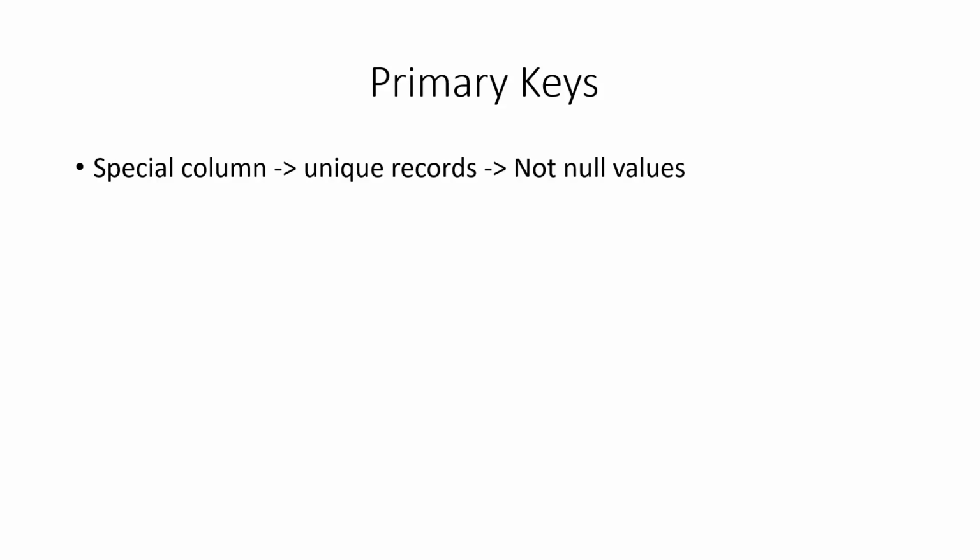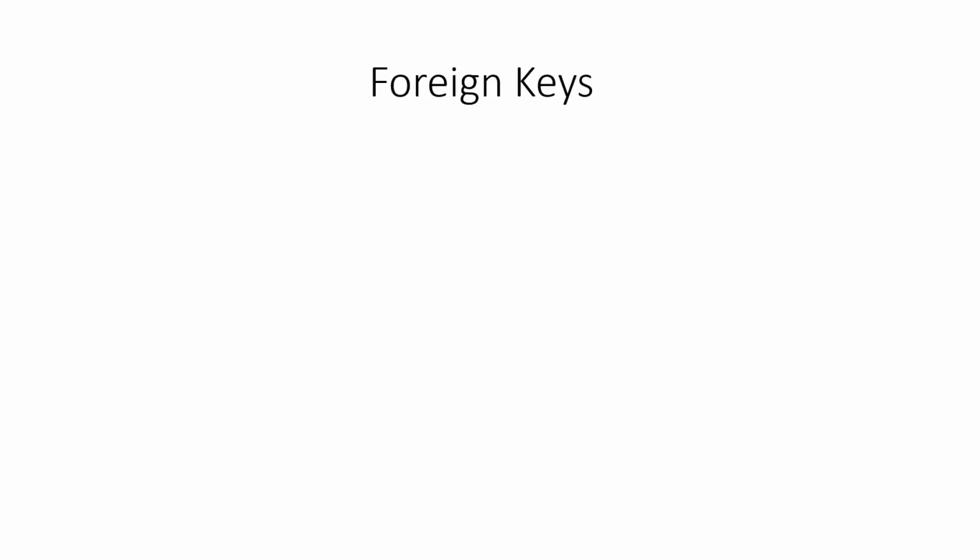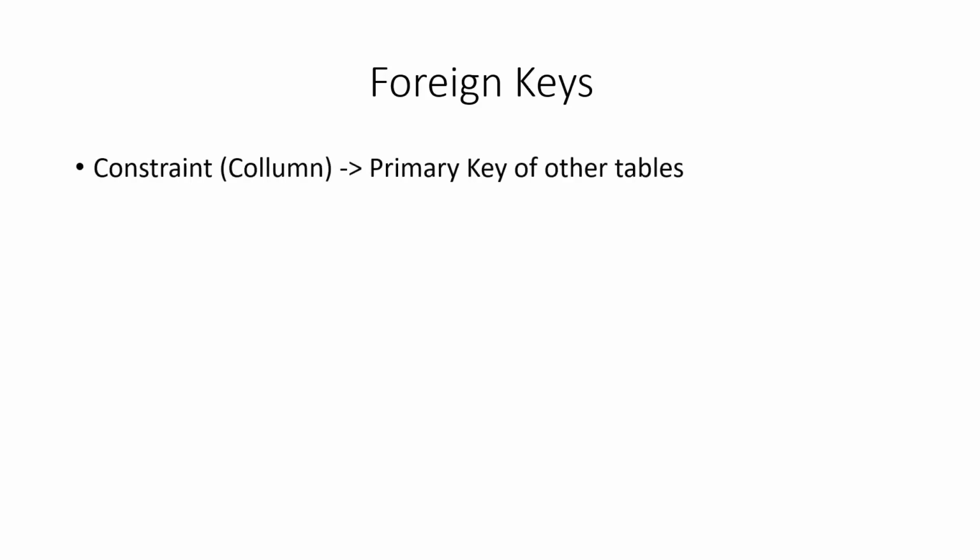It should be not null, and it's like a number which auto increments 1, 2, 3, 4, which basically represents the unique identifier of that particular row. And a foreign key, on the other hand, is a constraint which you apply to a column, which basically will reference the primary key of other tables. And we'll see this in action.